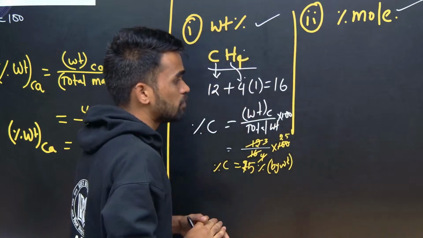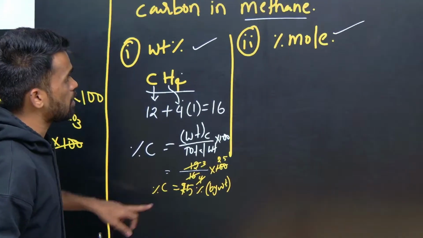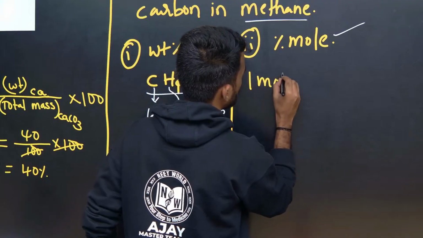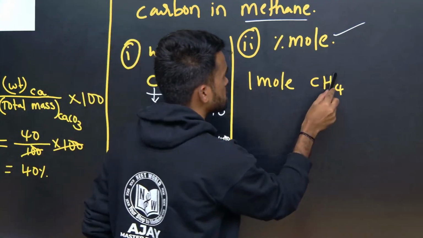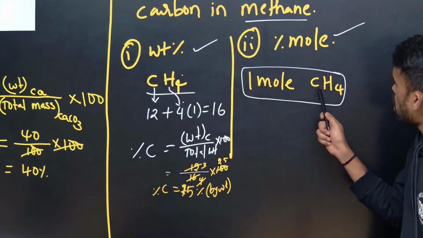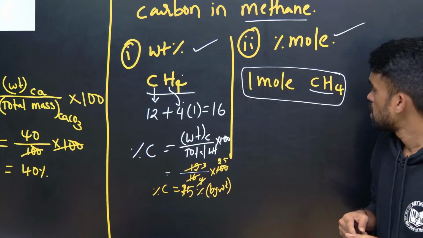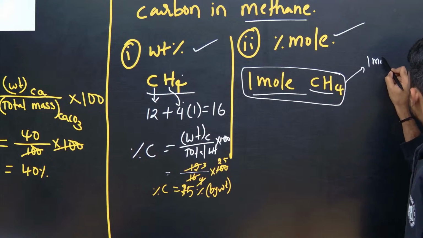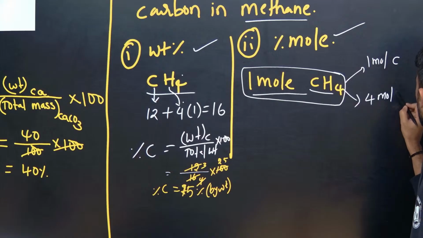Now one more thing I am asking is the mole percentage. For the same question I am asking percentage by mole. So if I say 1 mole of methane, how many moles of carbon does it contain? See, 1 molecule of methane has 1 carbon atom and 4 hydrogen atoms. So 1 mole of methane contains 1 mole of carbon atoms and 4 moles of hydrogen atoms.